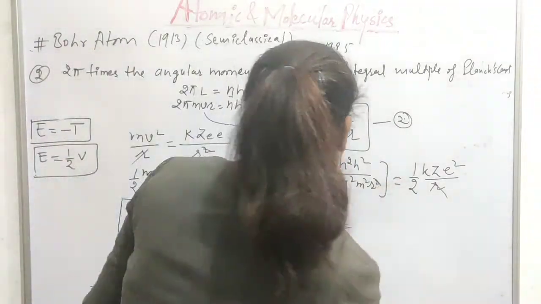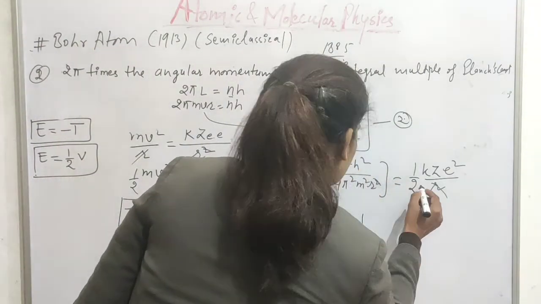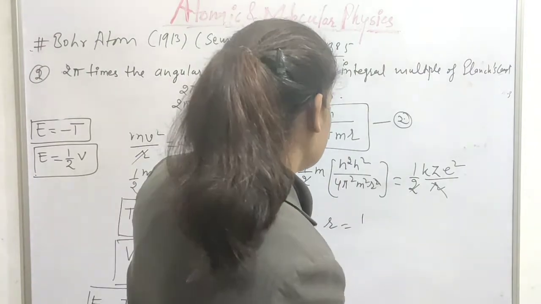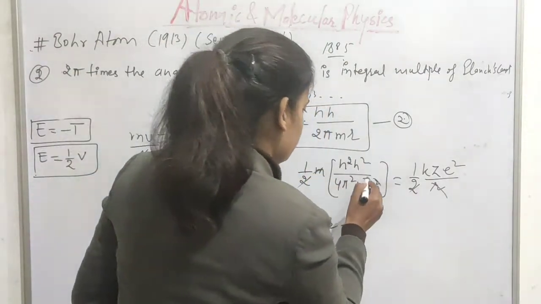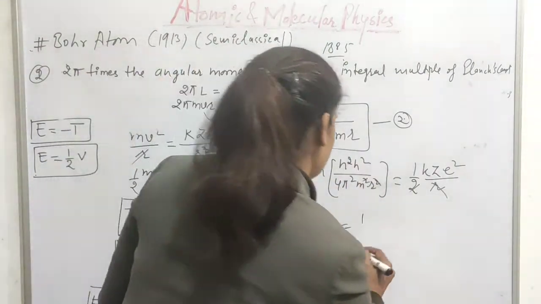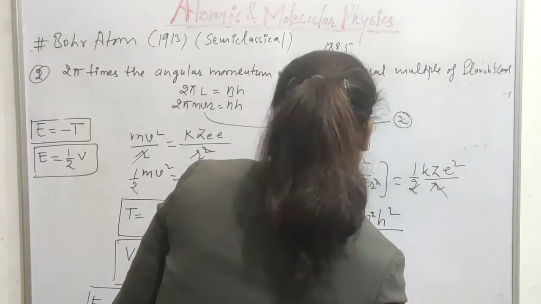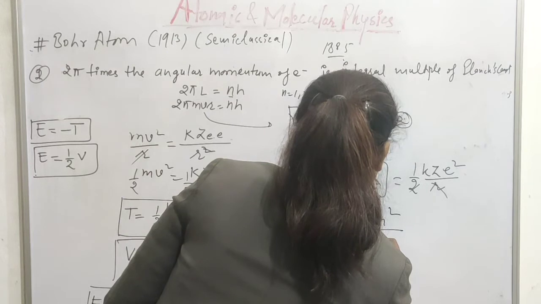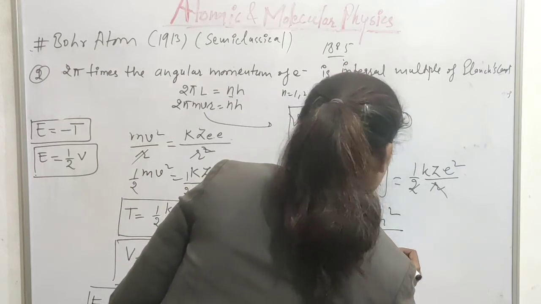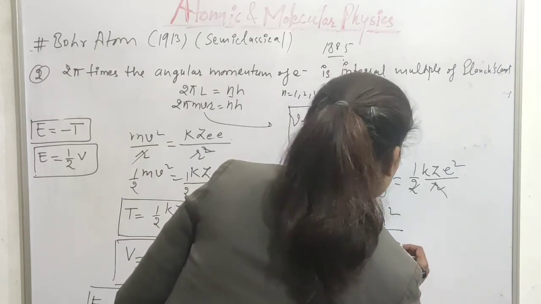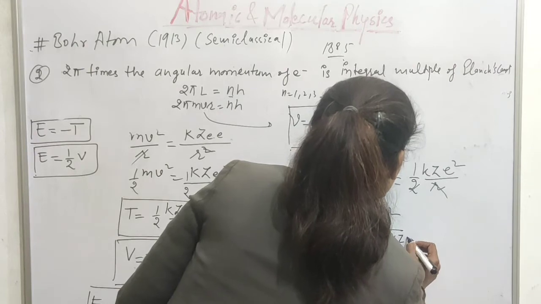Taking r on that side, cancelling 2 from both sides and one m cancelled, we have r equals n square h square over 4 pi square m k Z e square.